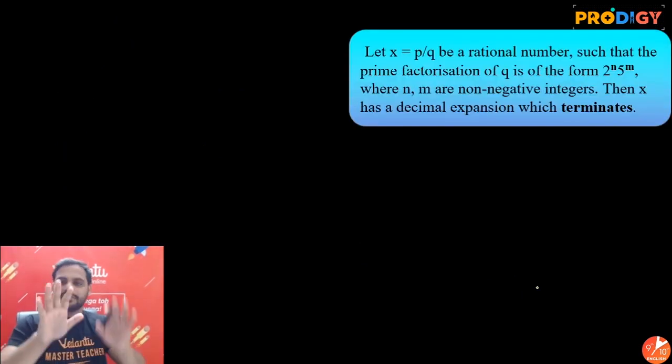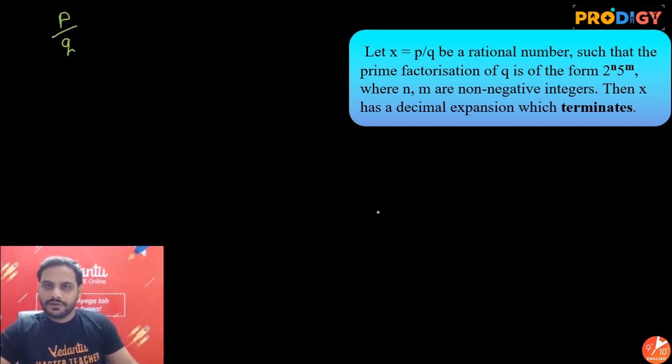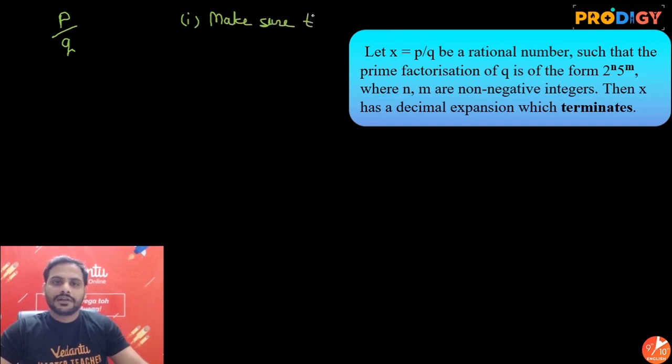What is that logic, beta? Simple thing, whenever you have got a rational number in the form of p by q, beta, step 1, make sure that the fraction is in its simplest form.